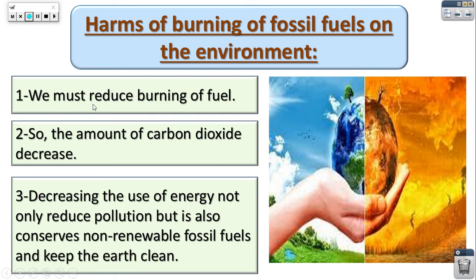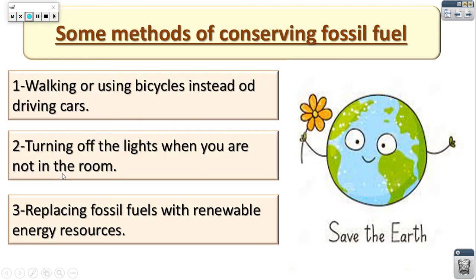So we must reduce burning the fuel, so the amount of carbon dioxide will decrease, and when we decrease burning the fossil fuel, we will keep the earth clean, and we will save the non-renewable fossil fuel, and we will make it not run out or finish.